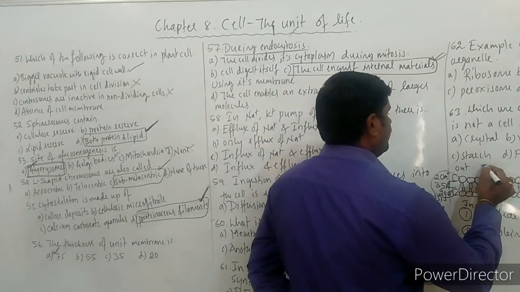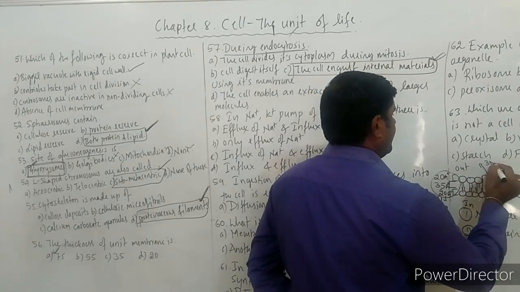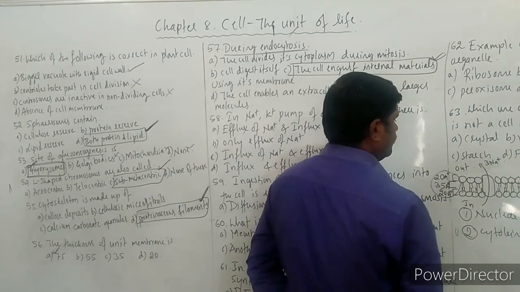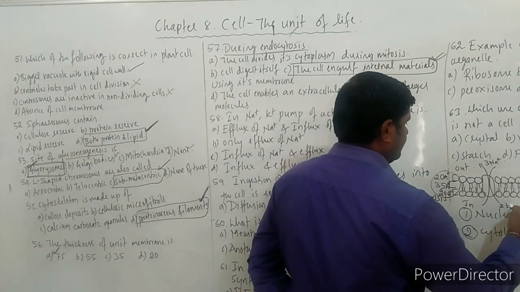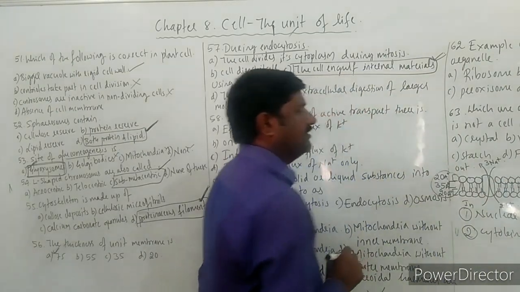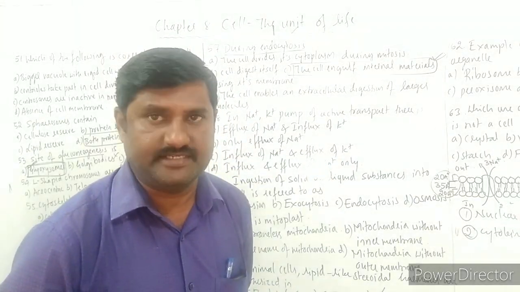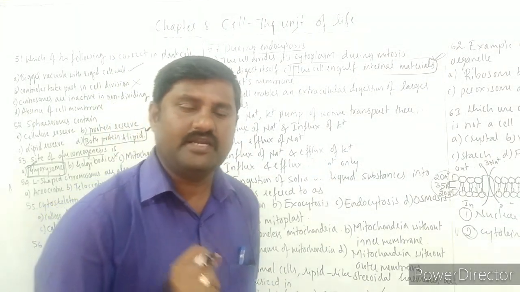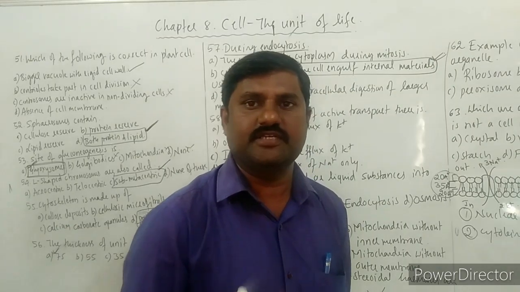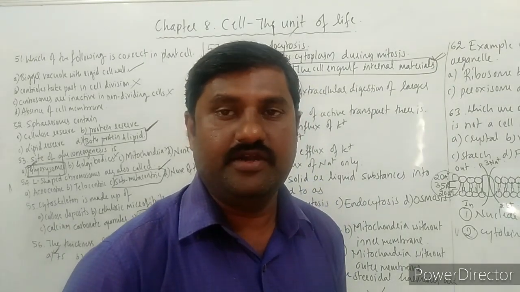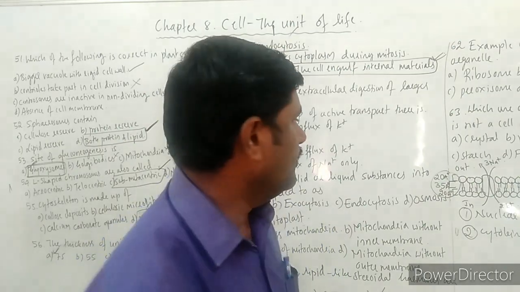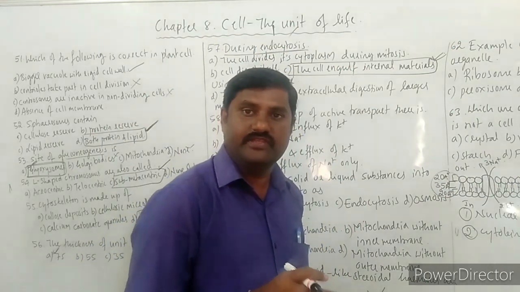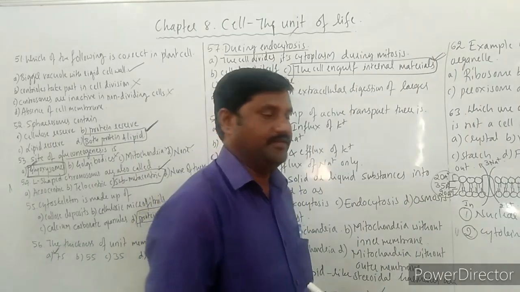From inner to outer, 3 sodium ions are pumped out. Simultaneously, 2 potassium ions come in. So this is called the antiport system: the movement of molecules in opposite directions, due to variation in the concentration gradients. And that takes place with the expenditure of energy.